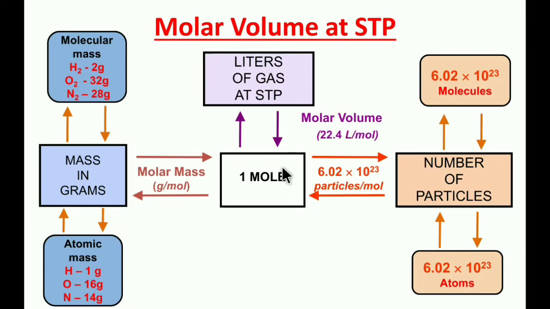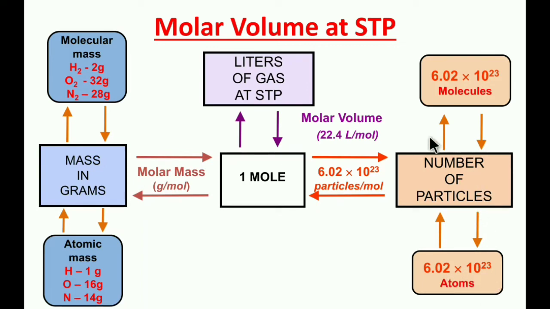That means 1 mole is equal to the molecular mass of a molecule, 1 mole is equal to the atomic mass of an atom, and 1 mole is equal to the molar volume of a gaseous substance. 1 mole contains 6.02 into 10 to the 23 molecules. The same 1 mole contains 6.02 into 10 to the power of 23 atoms.